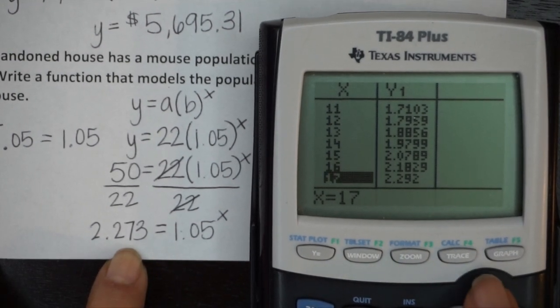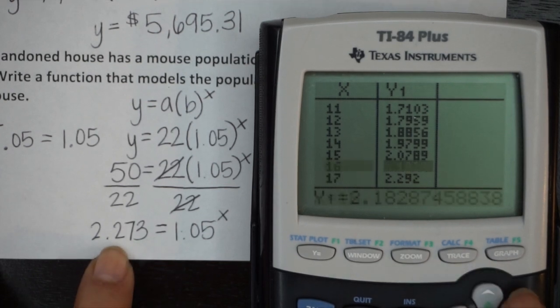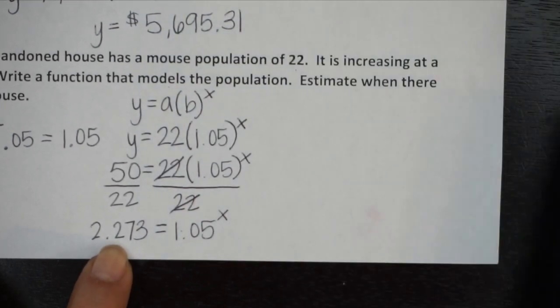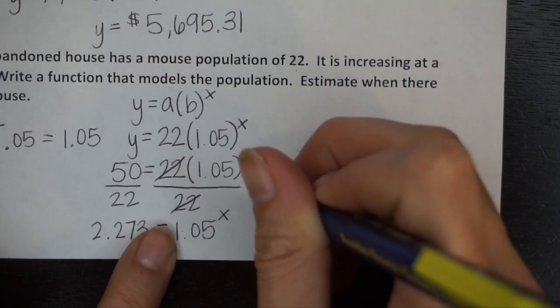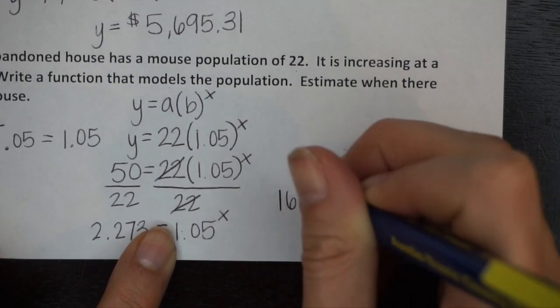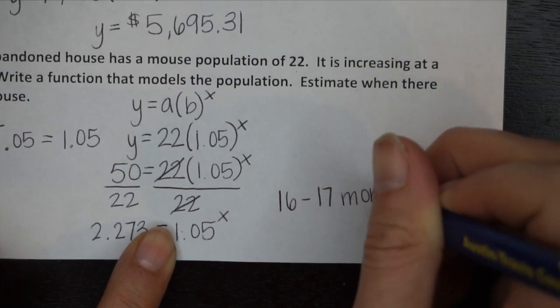It's going to reach that population of 50 mice somewhere between 16 and 17 months because 2.273 is in between those two values. So we're going to estimate it's going to be between the 16th and 17th month mark.